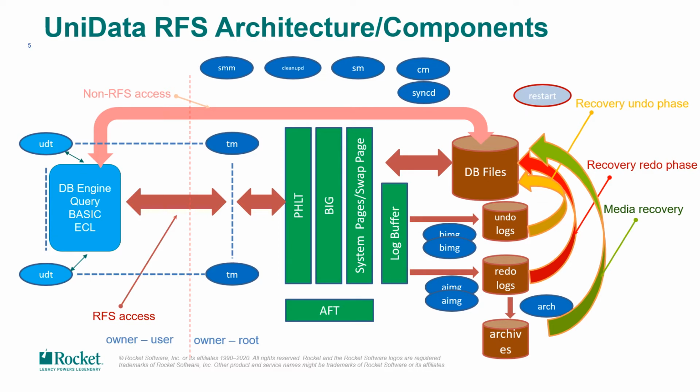The after image log actually contains the new value of the record. Those before and after image logs will eventually be flushed to their corresponding log files for possible database recovery usage.